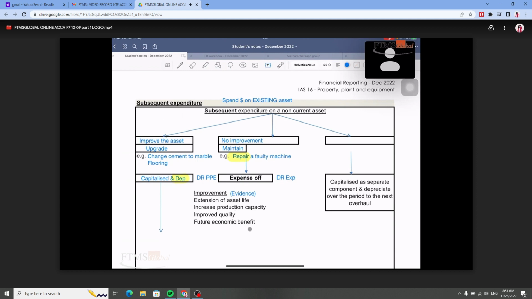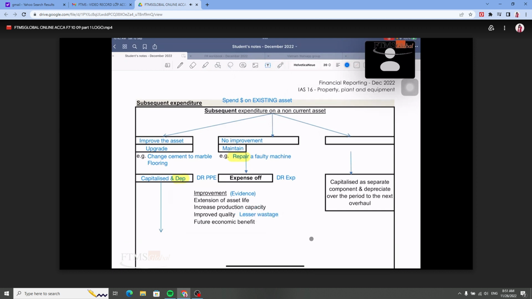Then the other one maybe is production capacity increase. What does that mean? Last time my machine could only produce 10,000 a day. After spending money on the asset, now my machine can produce 50,000 units a day. That's called increased production capacity. Improved quality means, for example, after spending money on the asset, now I have lesser wastage.